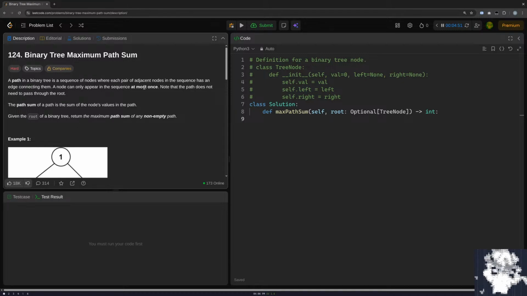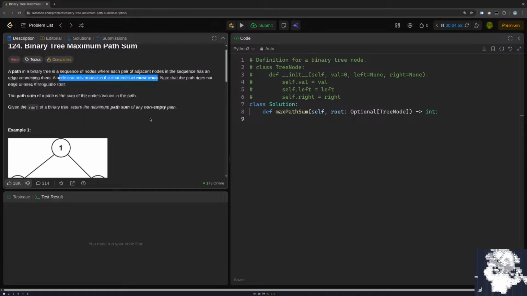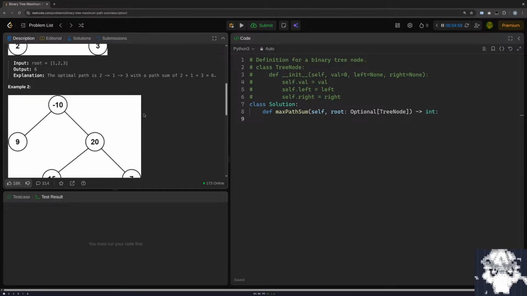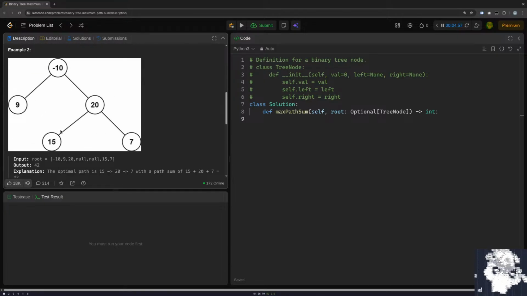Where does it say that? A node can appear at most once. So you can't go to 7 and then go back to 20. So how else would you end up getting two nodes with both sides? Could I get both sides of this and both sides of this?